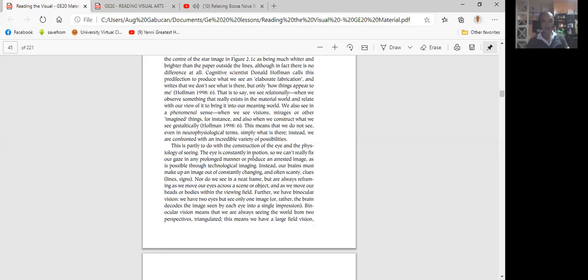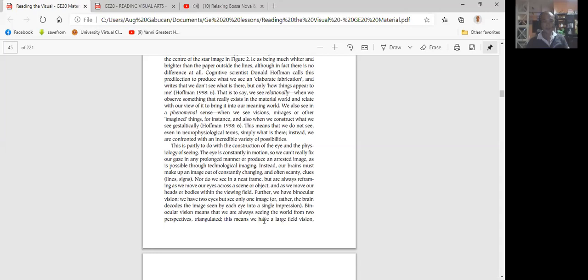Our eye is constantly in motion, so we cannot constantly focus our gaze in one prolonged manner and produce an arrested image, as is possible through technological imaging. Instead, our brains must make up an image out of constantly changing and often scanty clues, such as lines or signs.